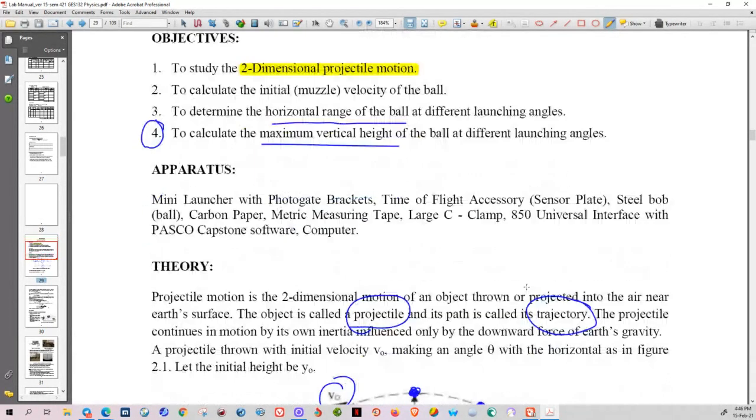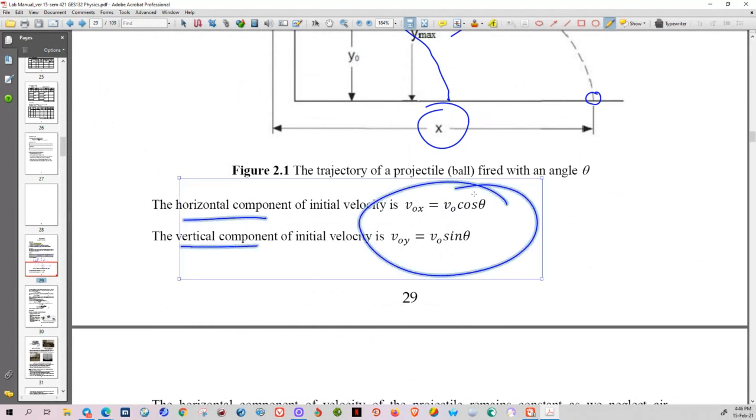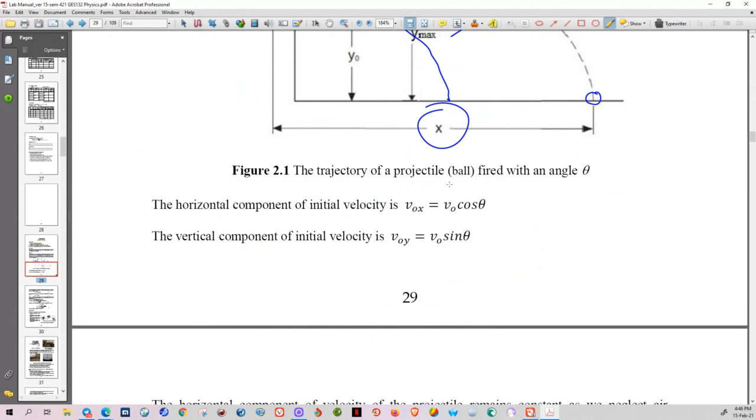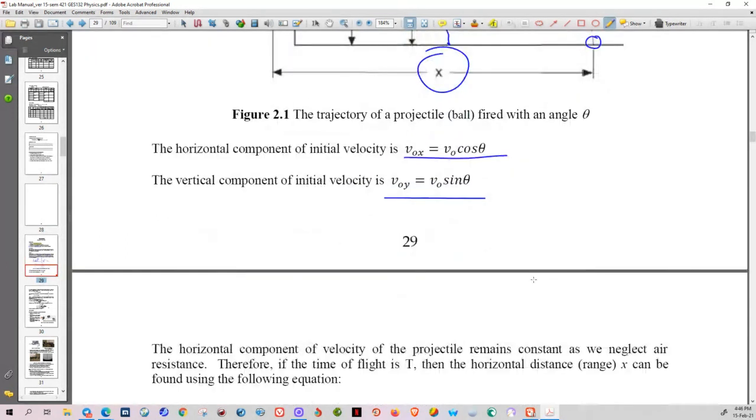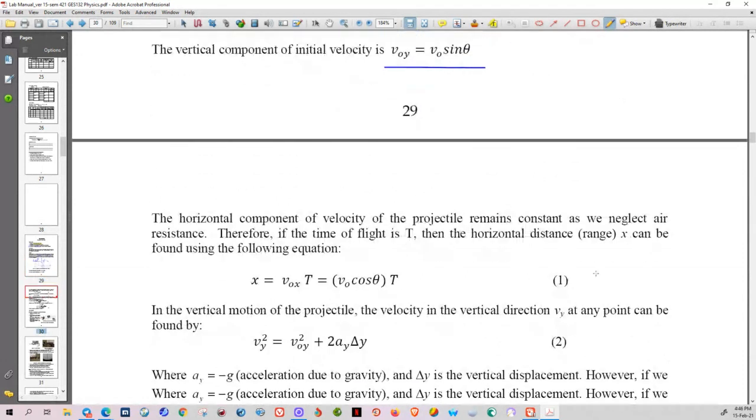That's on the y-axis. Therefore, we can use the equation for the horizontal component and vertical component of your vectors to find the maximum height and the range of our projectile. And these are the equations. It's the same as the analytical method to find the x and y component of your vectors, if you remember the objects in equilibrium experiment.